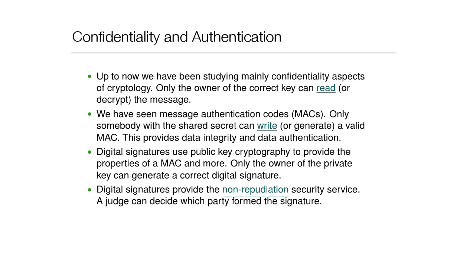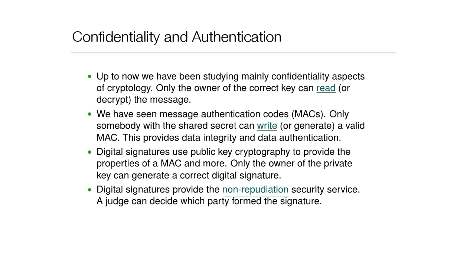And we have seen message authentication codes. Only somebody with the shared secret can generate a valid MAC tag. This provides data integrity and data authentication. If the message is changed while being transferred, the receiver can check whether it has changed or not. That is called integrity.